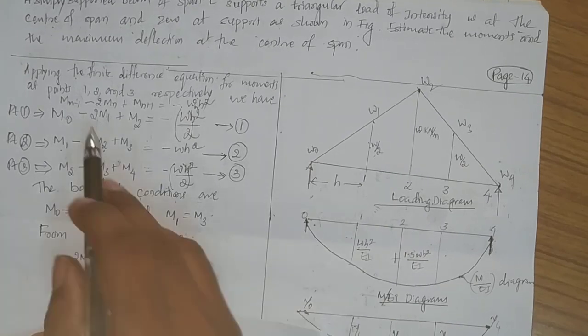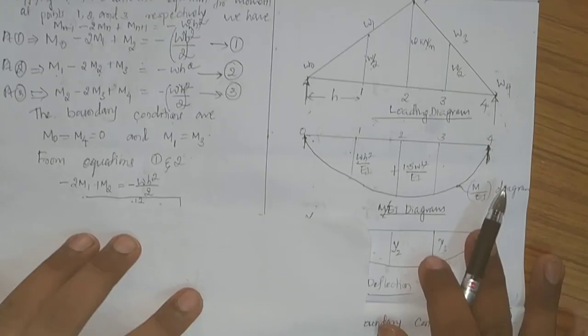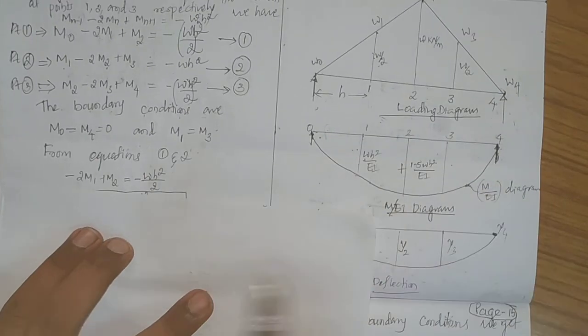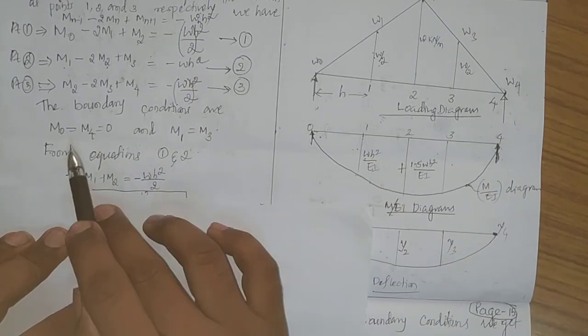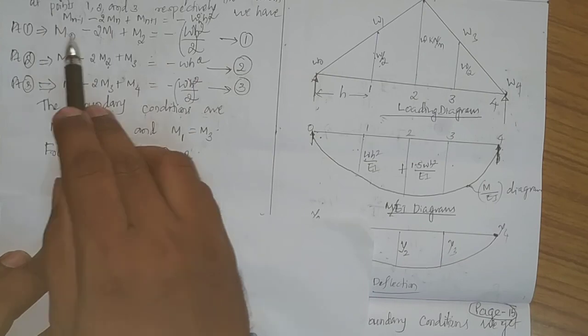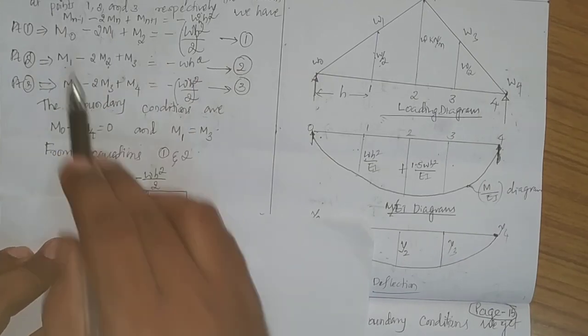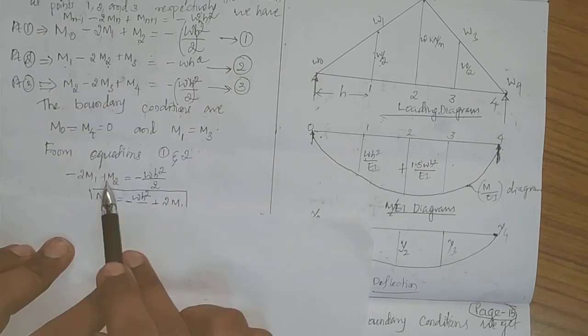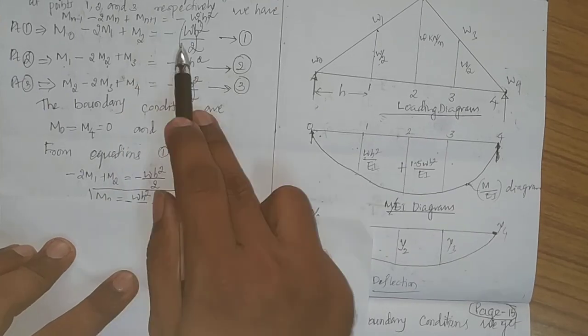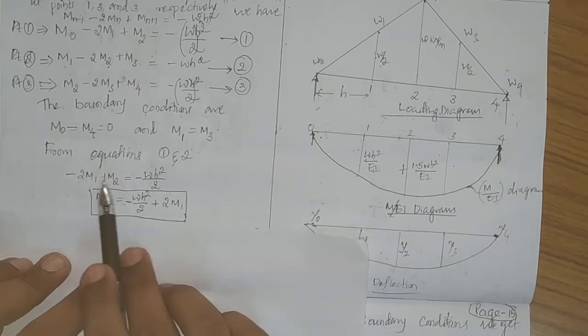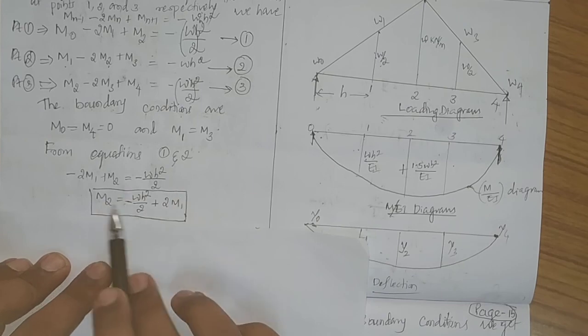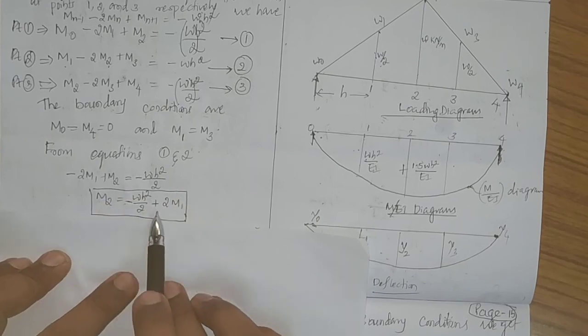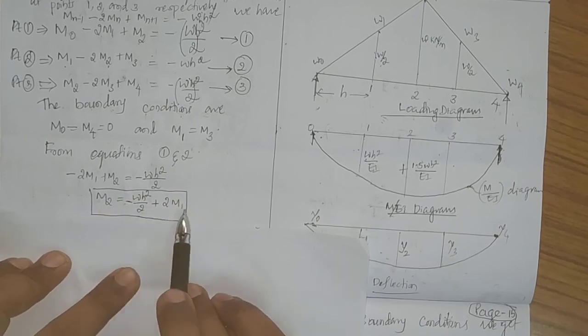Now let us apply the boundary conditions for equations number 1 and 2. We know that M0 is equal to 0, therefore minus 2M1 plus M2 is equal to minus Wh square by 2. If you send the 2M1 to the other side, M2 is equal to minus Wh square by 2 plus 2M1.